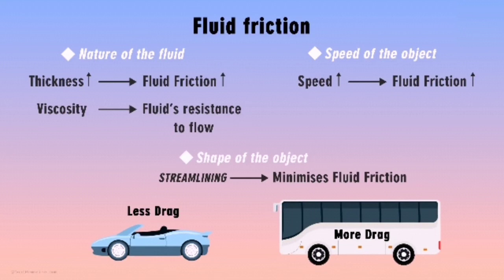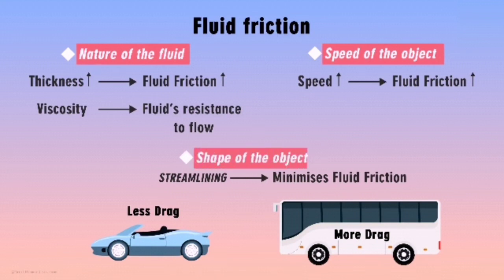So these are the different factors on which fluid friction depends: nature of the fluid, the speed of the object, and the shape of the object. So that's all about this chapter, friction.